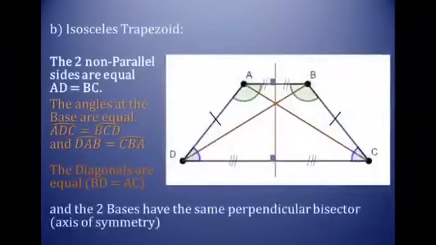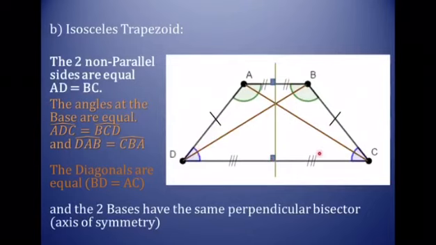Isosceles trapezoid is the second type, a particular case of trapezoid. In this special trapezoid, the two sides that are not parallel are equal. The angles at each base, meaning at the big base we have two angles, are equal.